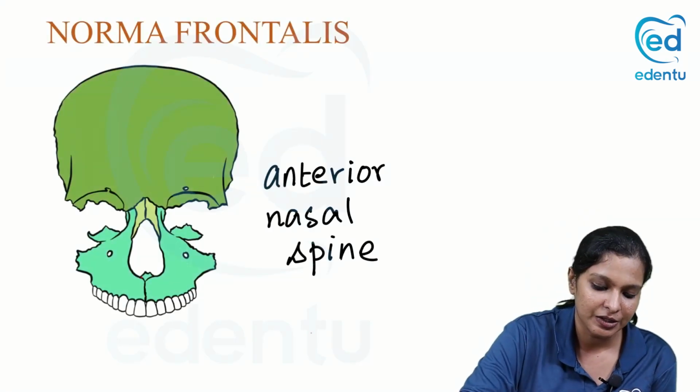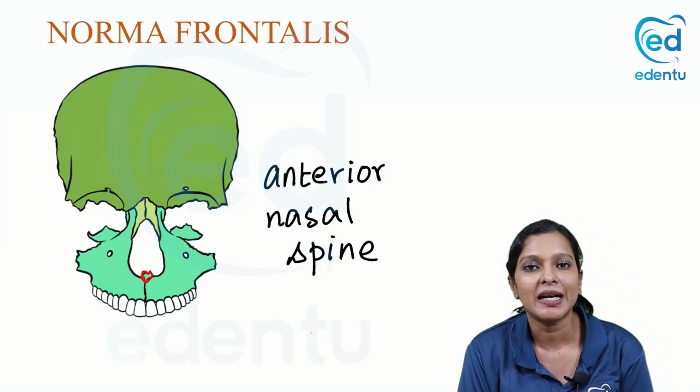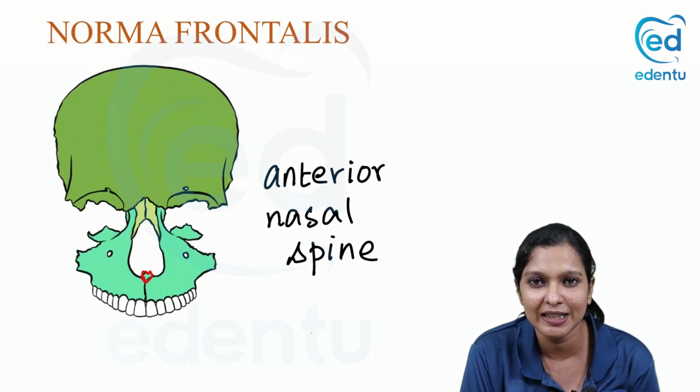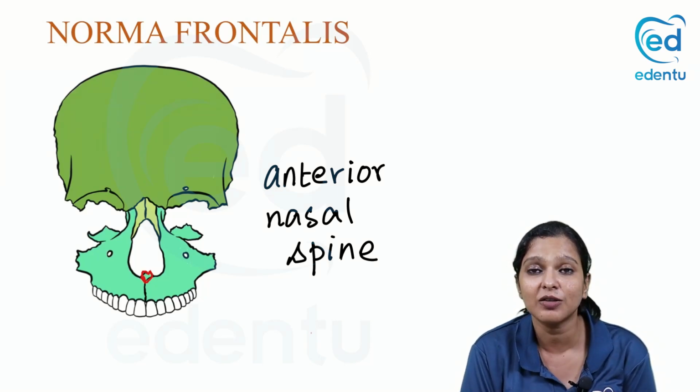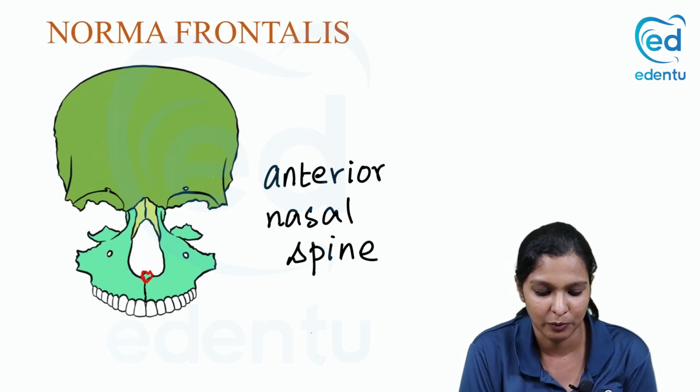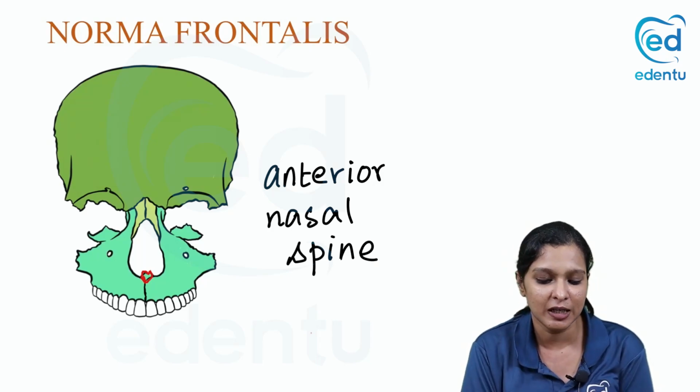You can see this region is related to the nose. It forms the anteriormost limit of the nose, so it is called the anterior nasal spine. This part is also formed by the maxilla bone. So what are all the parts of the maxilla we've seen so far?